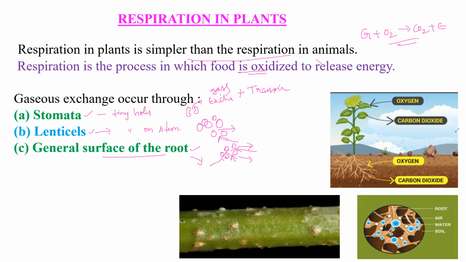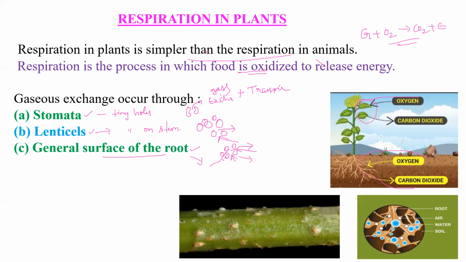You can see in the diagram here, oxygen is being taken in by the plants and carbon dioxide is given out. Here, plant leaves are helpful, stomata are helpful. Roots are also exchanging the gases. In the internal structure of the root, the air gaps are helpful for gas exchange.